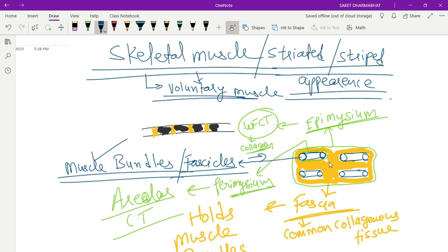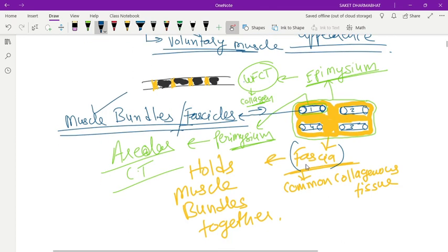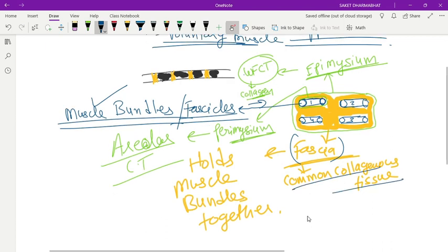Now all the muscle bundles are connected to each other with the help of fascia. Here I have made four muscle bundles: 1, 2, 3 and 4. All of them are connected by fascia. Fascia is a common collagenous tissue.